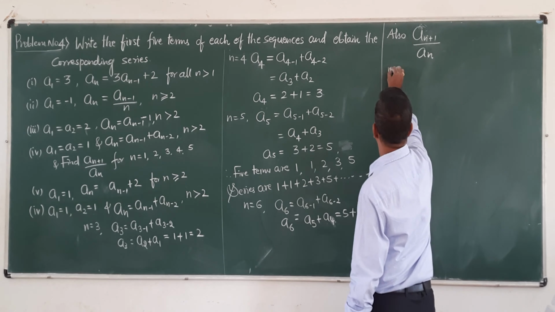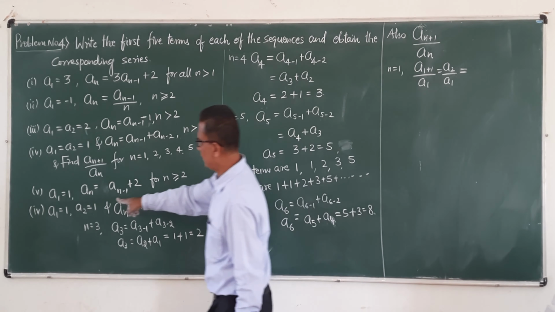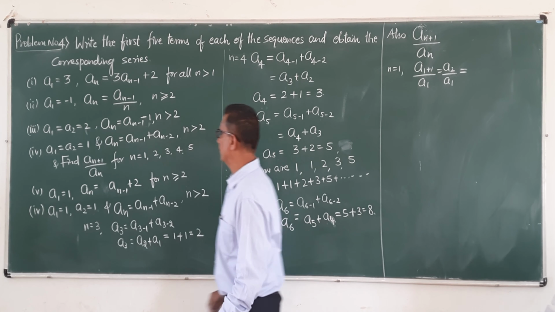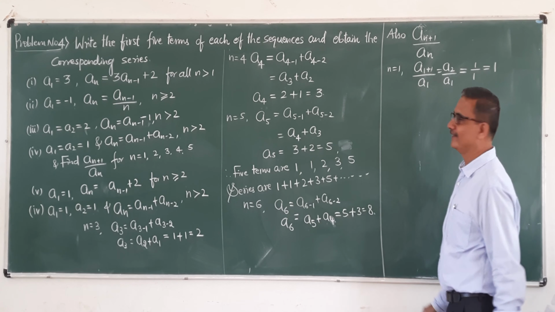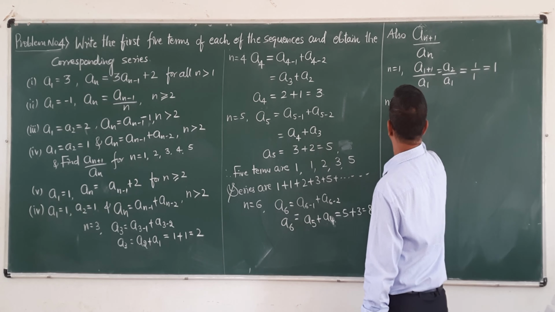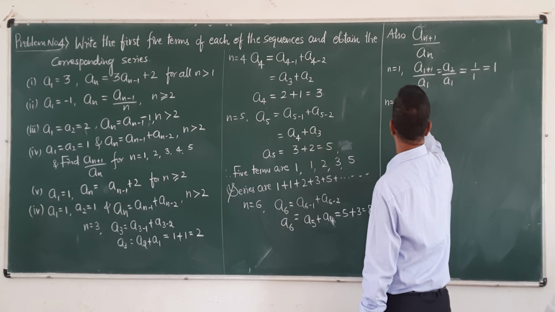a1 plus 1 divided by a1. That is a2 divided by a1. Right? But what is the a2 value? 1. The a1 value? 1. So that is 1 divided by 1, that is 1. Then take n is equal to 2. Put n is 2. a2 plus 1 divided by a2.